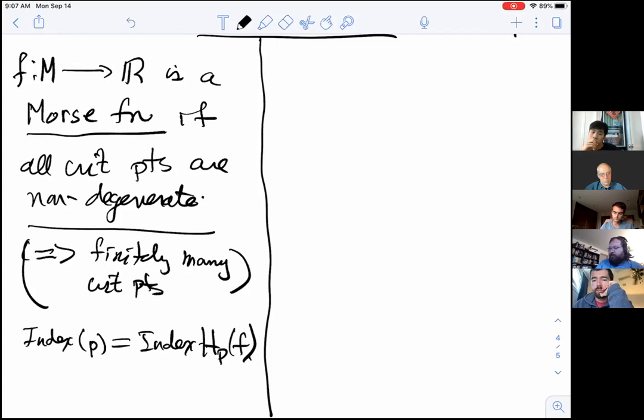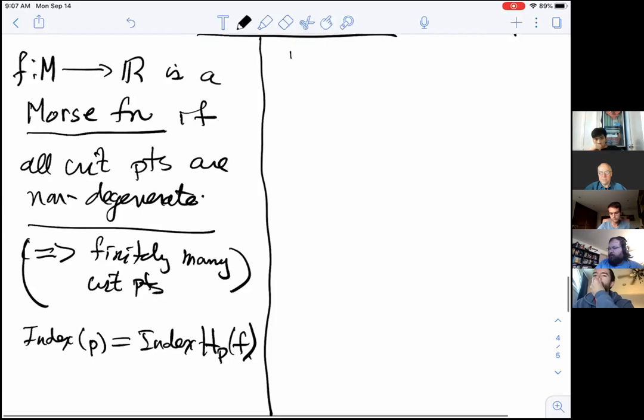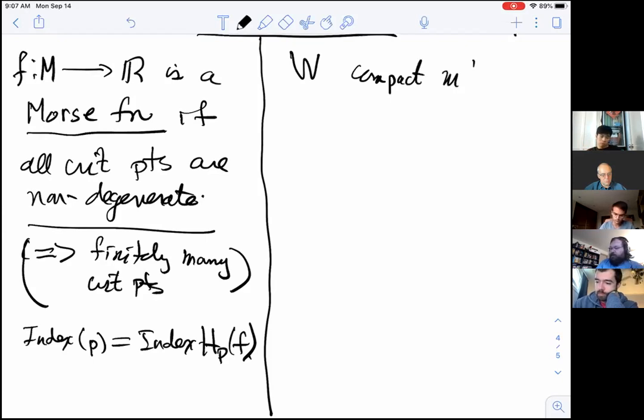Now, as we go along, we're going to need to work with manifolds with boundary. So I want to introduce the notion of a Morse function on a manifold with boundary. So let's let W be a compact smooth manifold with boundary.